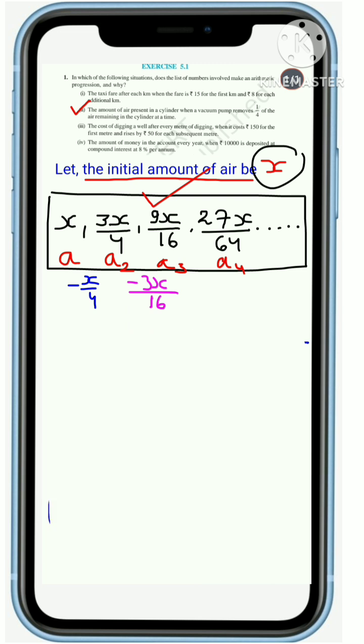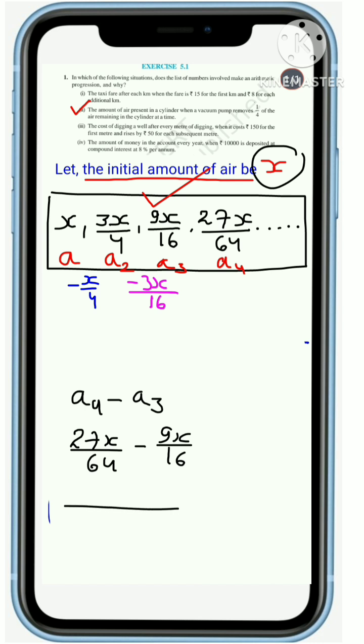Again, difference between A4 and A3. A4 we have 27x by 64 minus A3 we have 9x by 16, and LCM of 64 and 16 will be 64, and here will be 27x minus 36x.